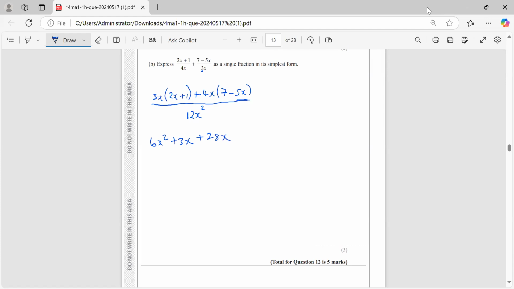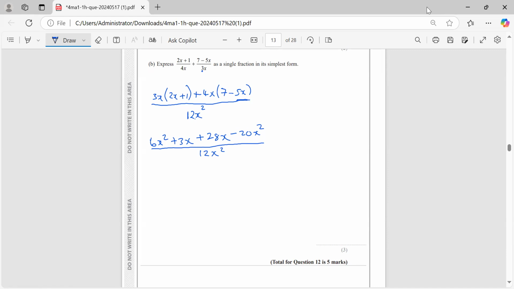And then 4x times minus 5, that's minus 20x squared, all over 12x squared, isn't it?